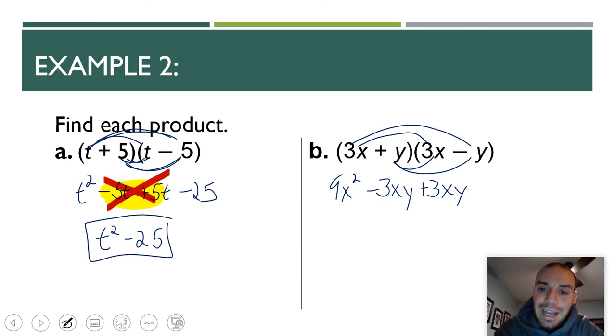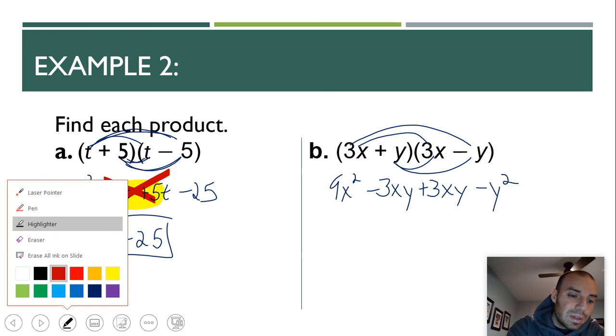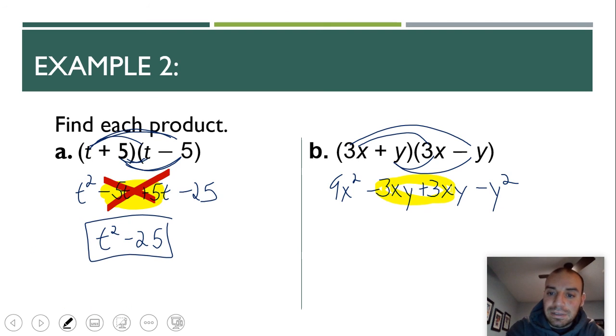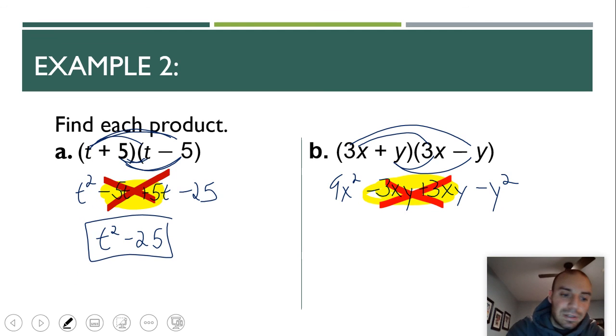And then y times -y is going to be -y squared. Once again, our middle term, those are going to cancel out and go totally away. So what are we left with here? We're just left with 9x squared minus y squared.